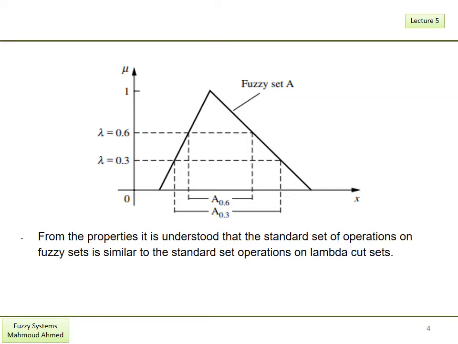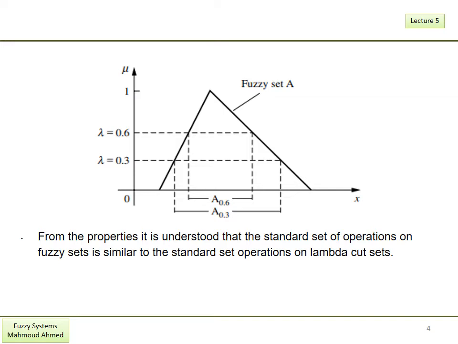In the same way, for the amplitude of lambda 0.3, the range of elements of the fuzzy set A lies between this point of intersection and this point of intersection on the x-axis, for which we have the maximum value at the intersection points with the membership function, such that lambda is equal to 0.3.